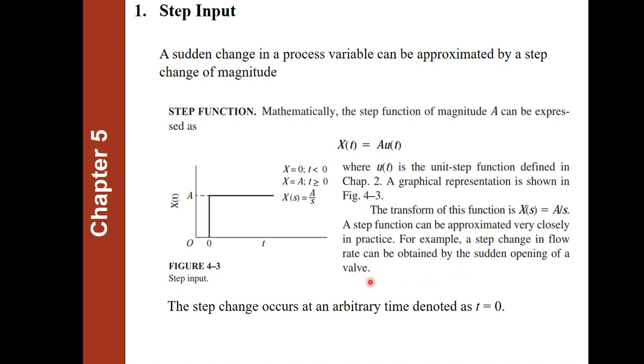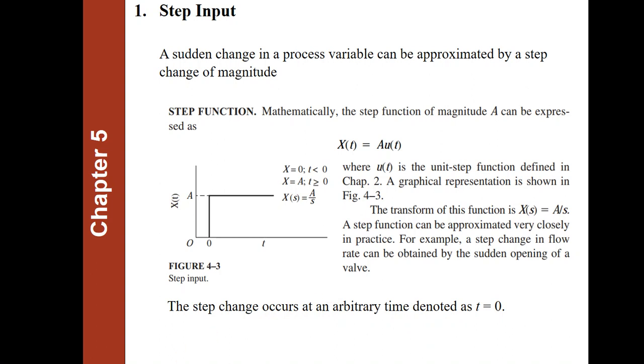So take note of the term: it's a sudden but sustained change. Meaning, for t equal to 0 onwards, the same change in the input of magnitude A is observed in your input variable. The step change occurs at an arbitrary time denoted as t equal to 0, and this is true not only for step input but for all types of inputs.